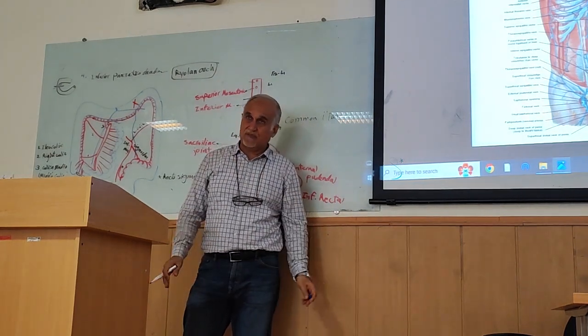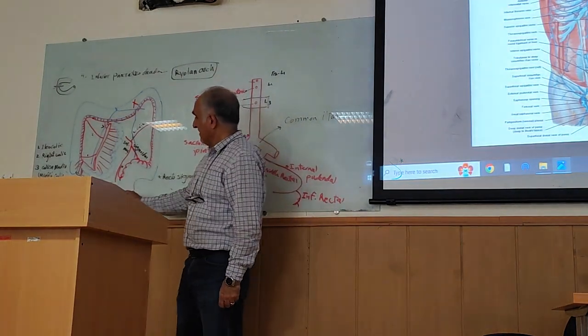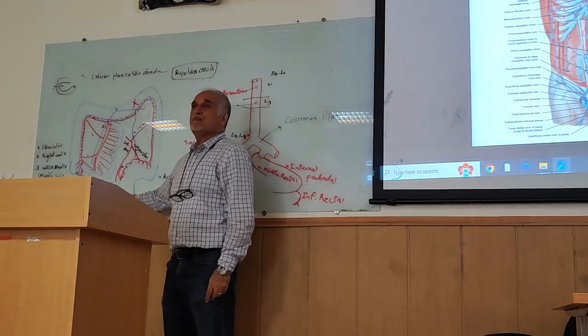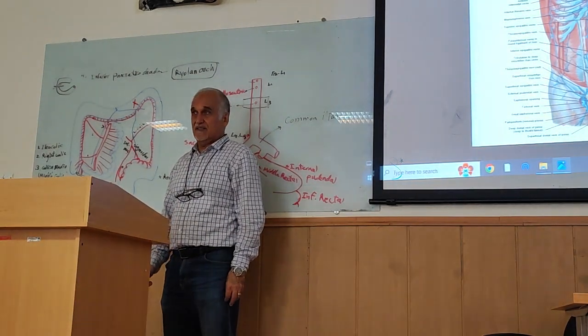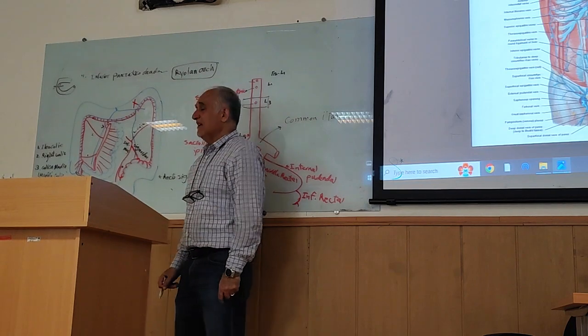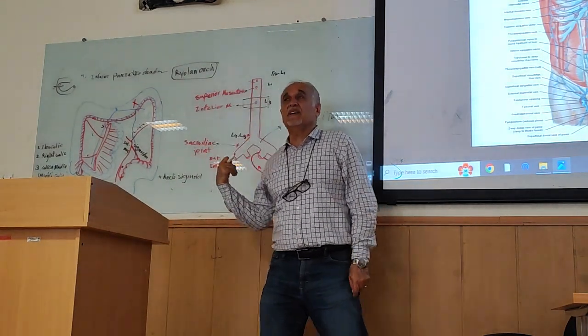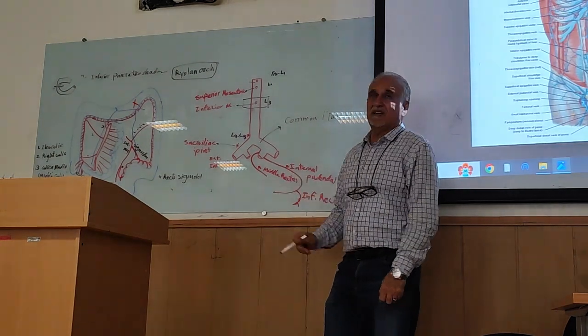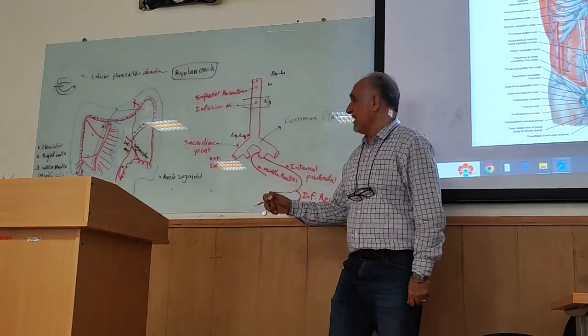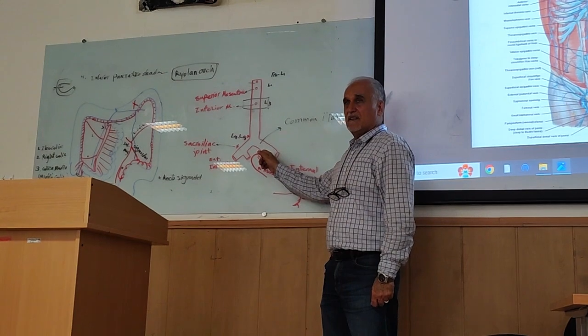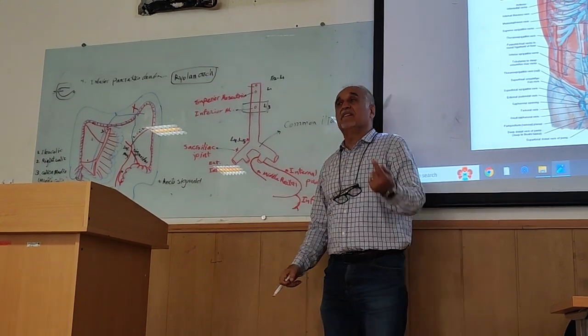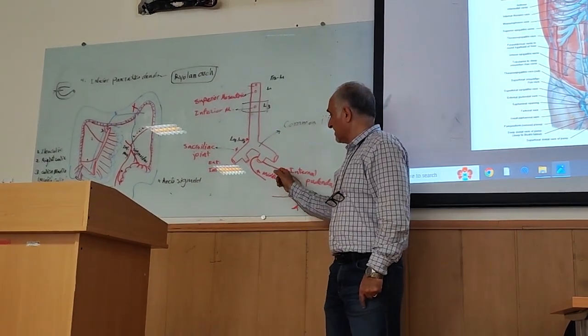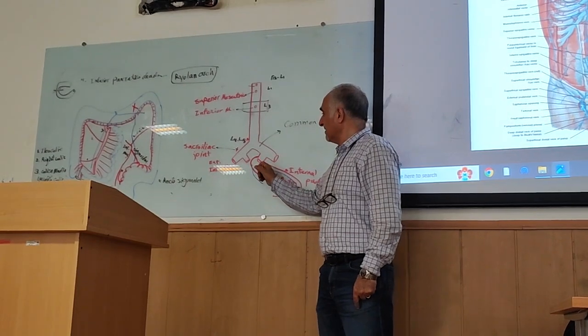But here, that was the superior rectal. And I told you we have inferior and middle rectal. The inferior and middle were branches of the internal. So the veins from this drain to what?